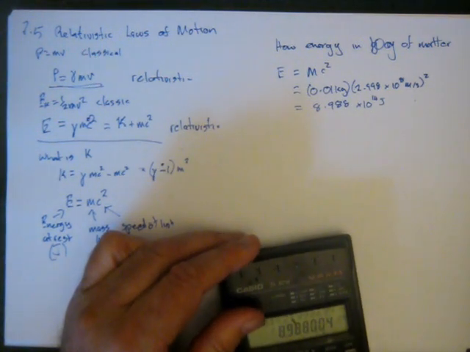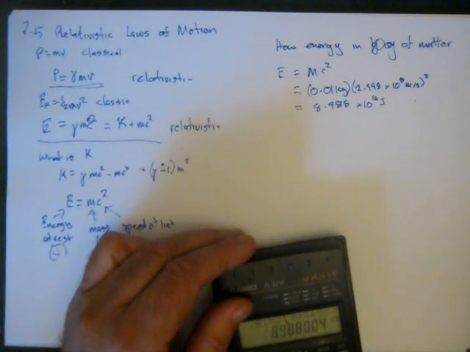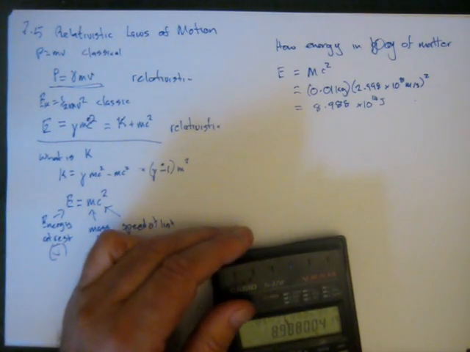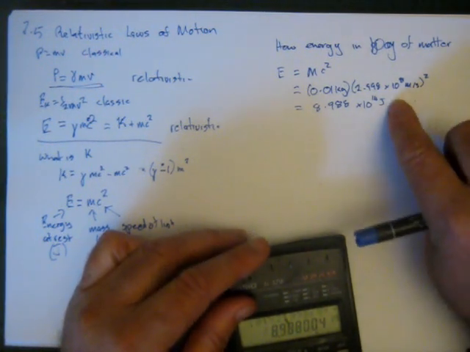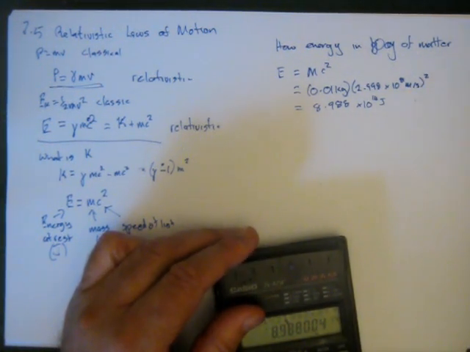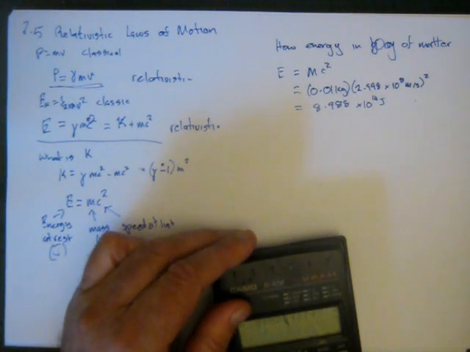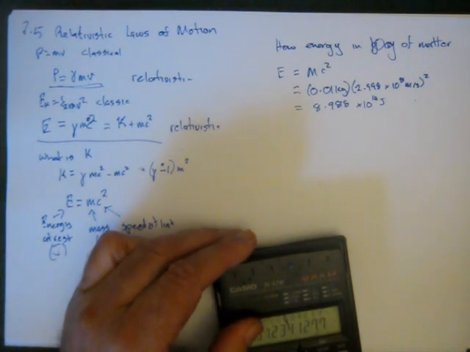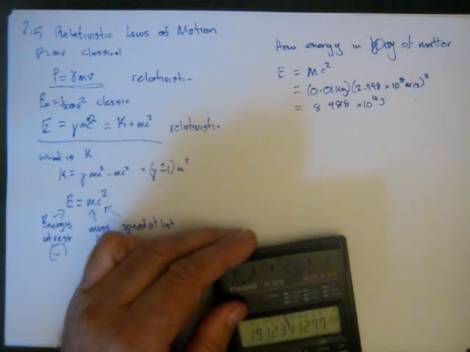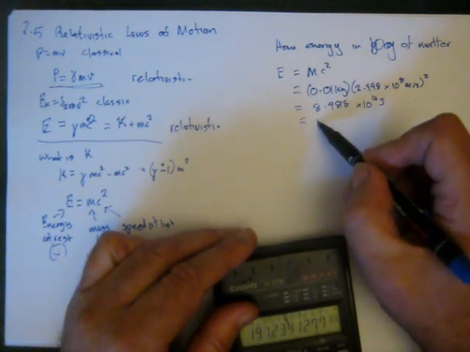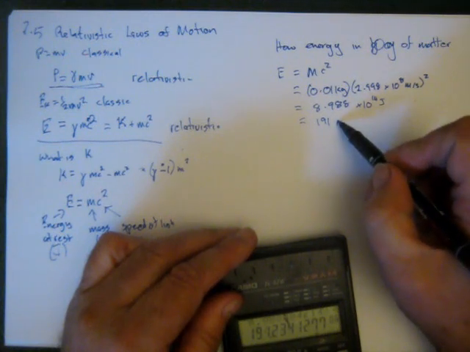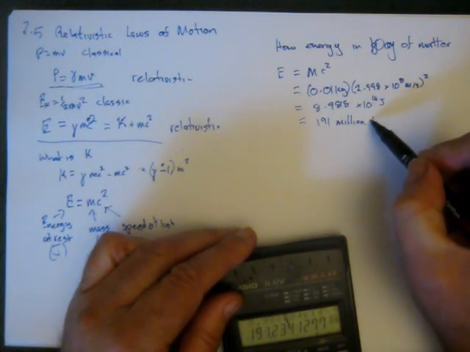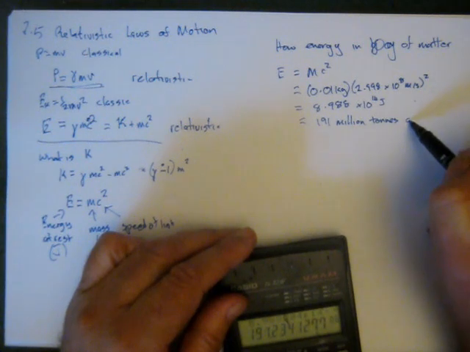Well, let's find out. If we were to convert that into kilograms of explosive, say TNT, that's about 4.7 megajoules per kilogram. So divided by that, that's equivalent to about 191 million tons of TNT.